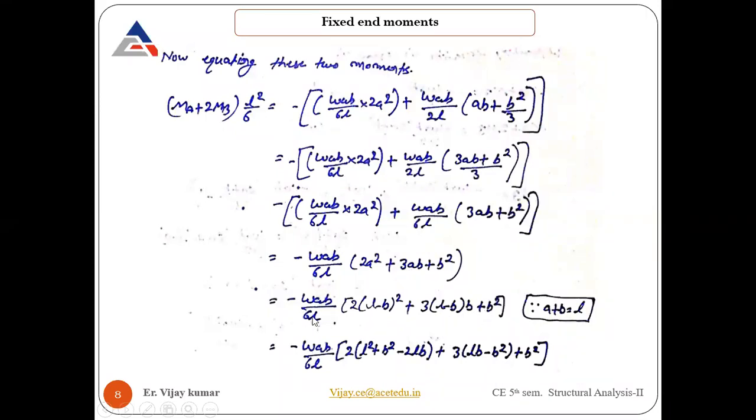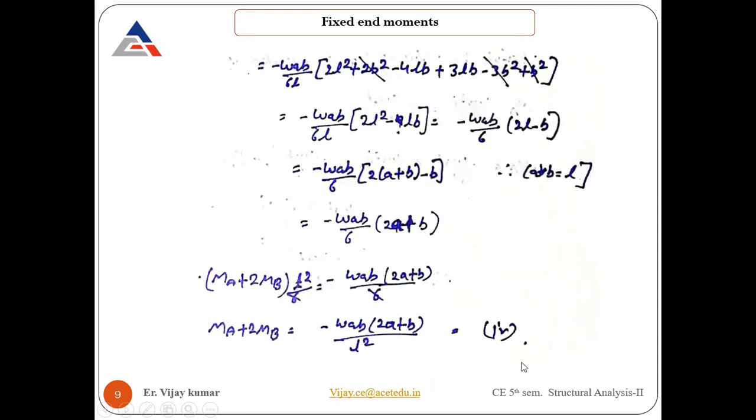I did that. And minus WAB by 6L, taking 2 times L minus B whole square, which is L square plus B square minus 2LB, plus 3LB inside, LB minus B square, plus B square. This is the value we are getting after solving this.